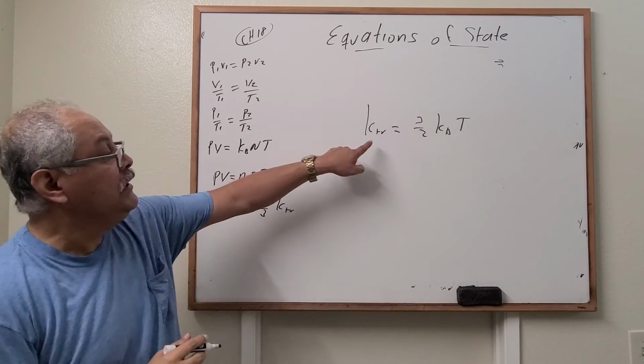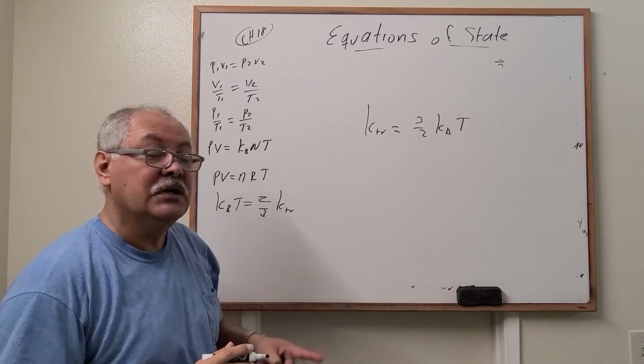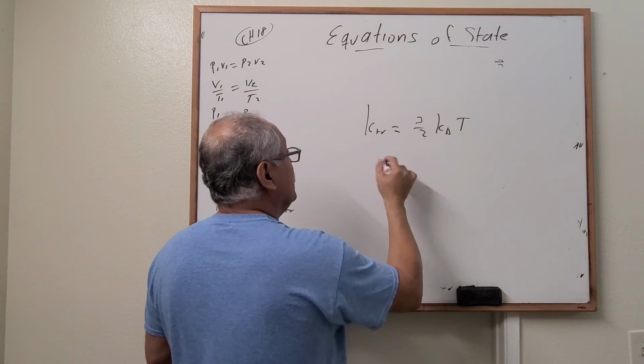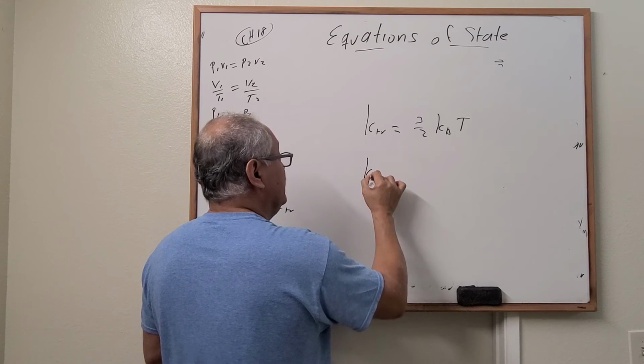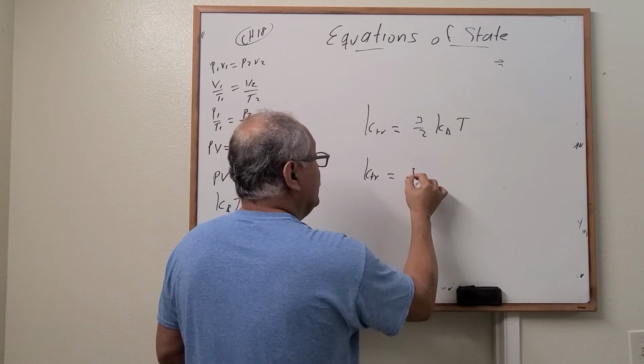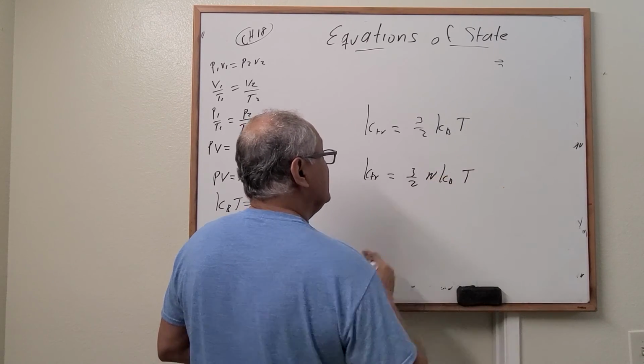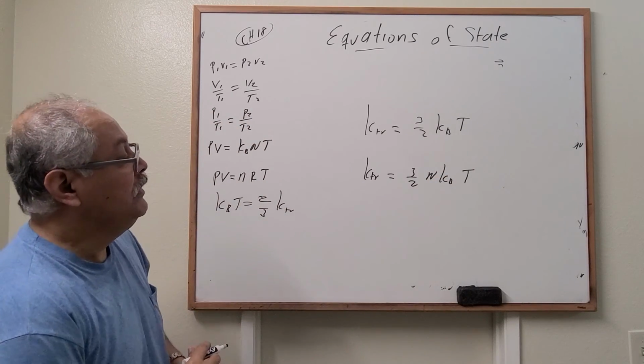This is for one particle. Imagine that we have N particles. So for N particles, what do we have? The translational kinetic energy equals 3/2 N k times the absolute temperature.